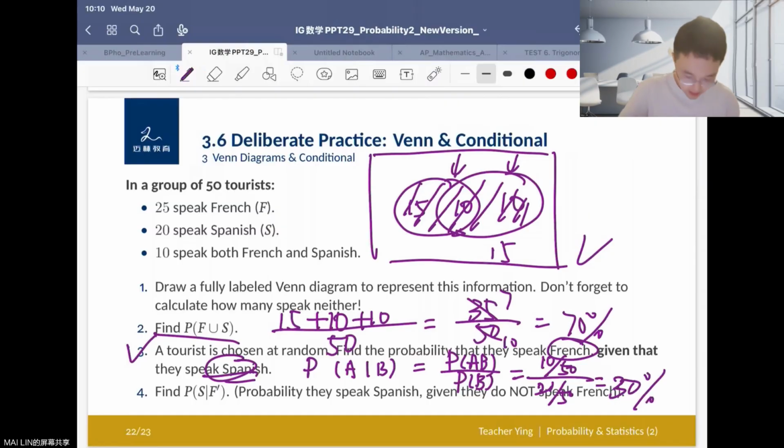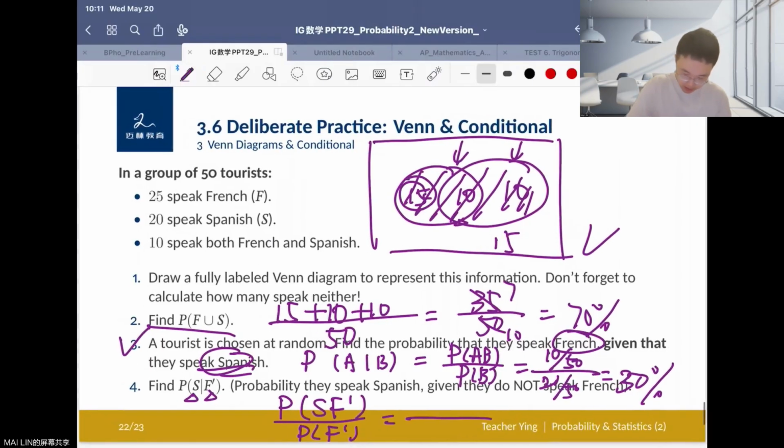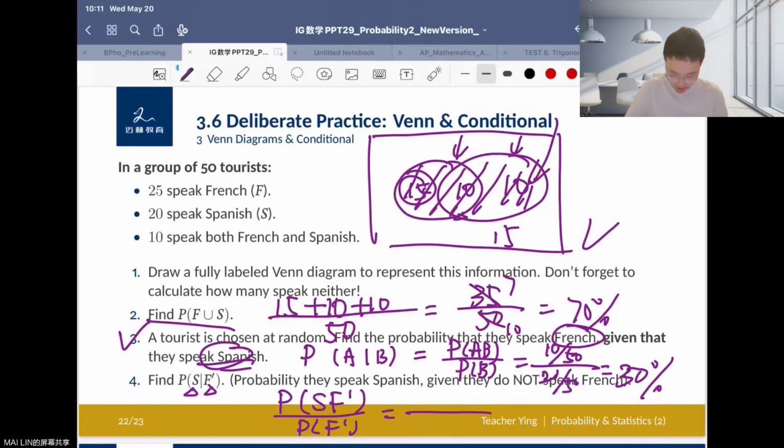For the fourth problem, we want the probability of speaking Spanish given that they do not speak French. Only 10 tourists speak Spanish and not French, so that is 10 over 50.